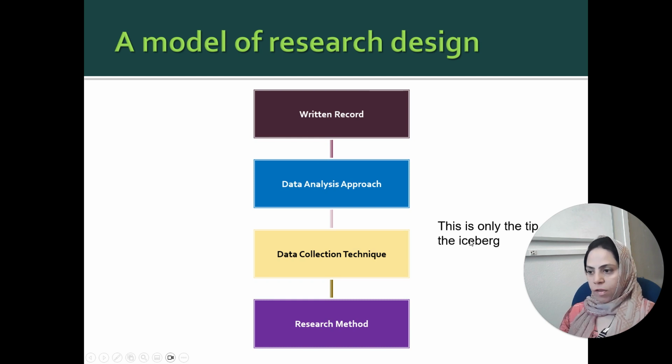The research itself, it's an iceberg जिसकी जो हमें नजर आता है that comprises of this. Research method कर लिया, identify कर लिया, collect कर लिया data, analyze कर लिया data को. This is only what we see, and that is only a small portion.